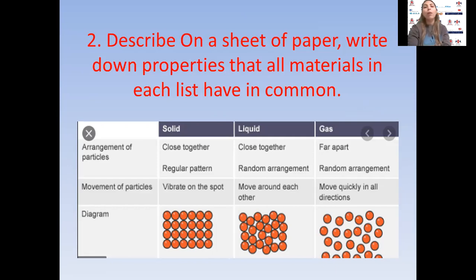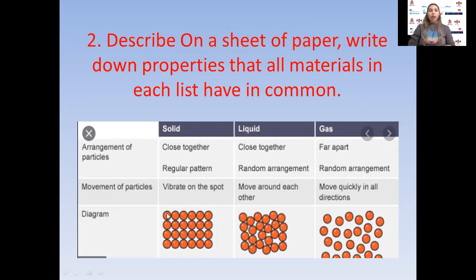Okay, what about the arrangement here too? As you can see in this picture for solid, the particles are arranged in a regular pattern. In liquids, they are arranged randomly, so they can move.